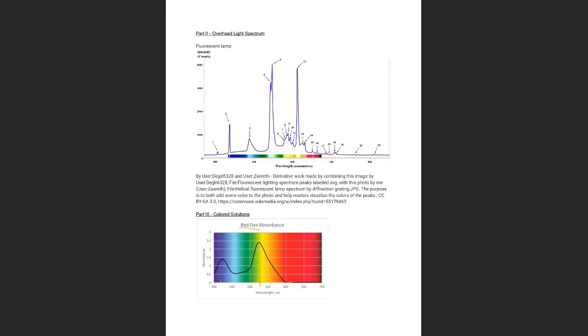The absorbance is 0 here, in the red part of the spectrum. So basically, more than 600. This part of the spectrum has 0 absorbance, and this is why we see red. This is the color that we can see.